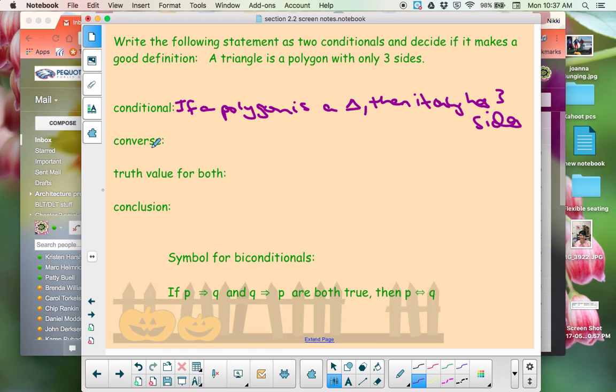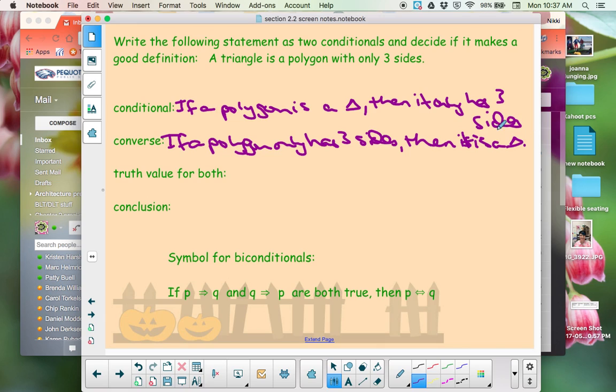Converse, so we start with if a polygon, and then we switch the hypothesis and conclusion. If a polygon only has 3 sides, then it is a triangle. You check to see if both are true.